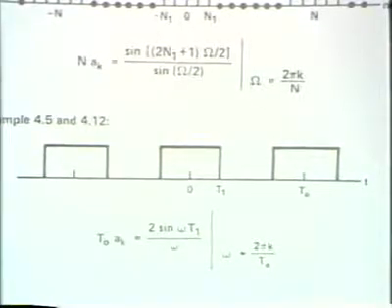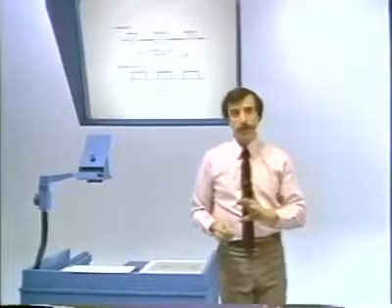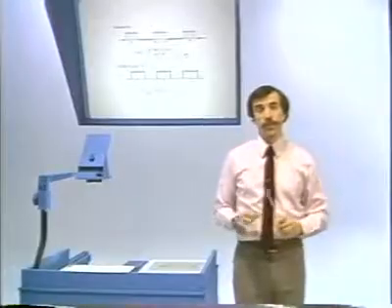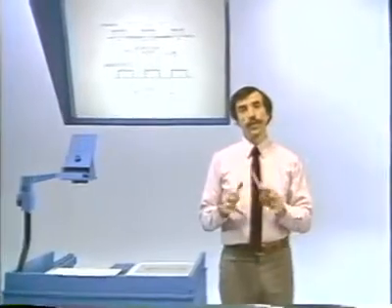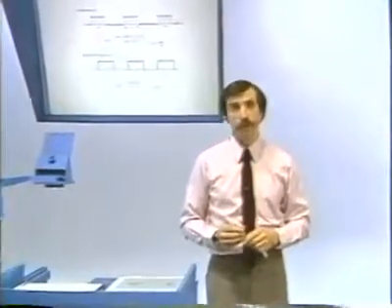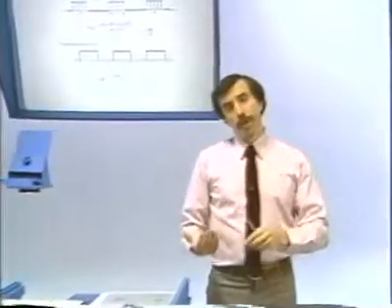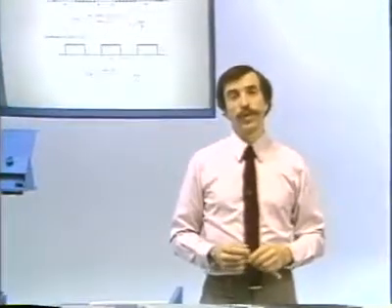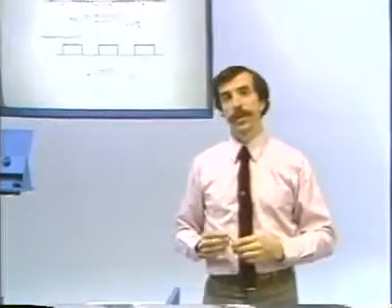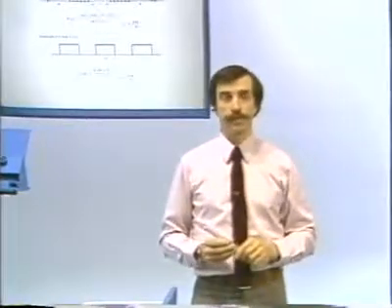Now, the sine nx over sine x function, which is the envelope of the Fourier series coefficients for the discrete time periodic square wave, plays the role, and we'll see it very often in discrete time, that sine x over x does in continuous time.